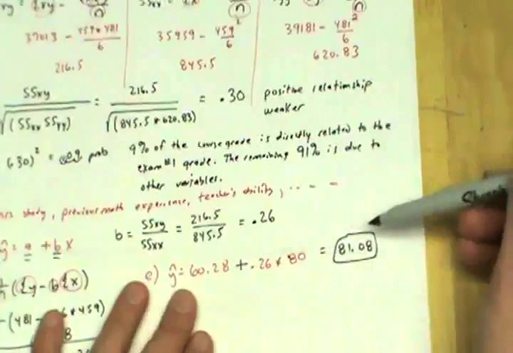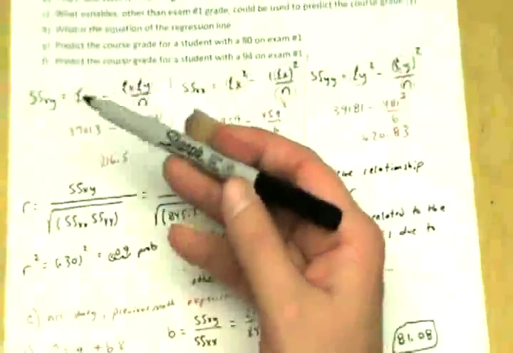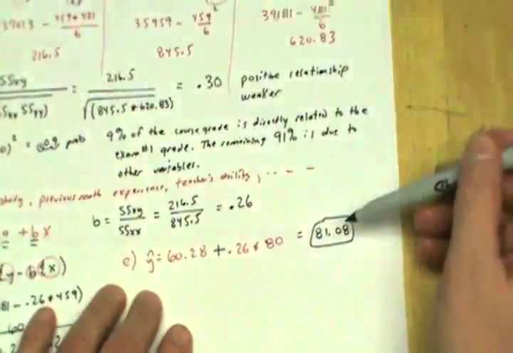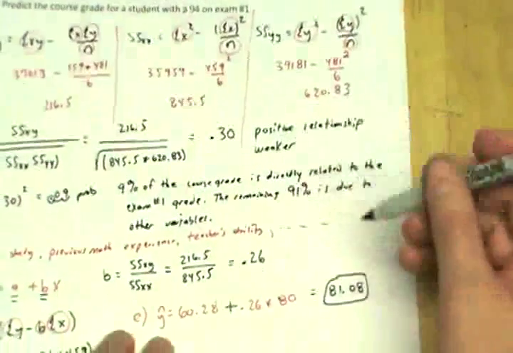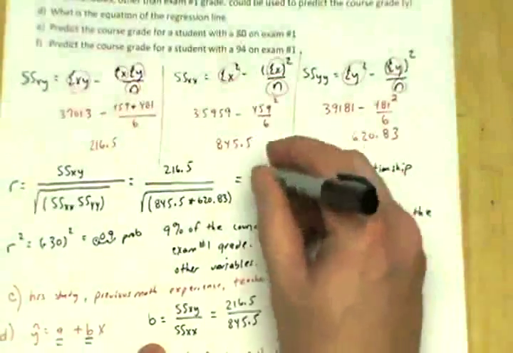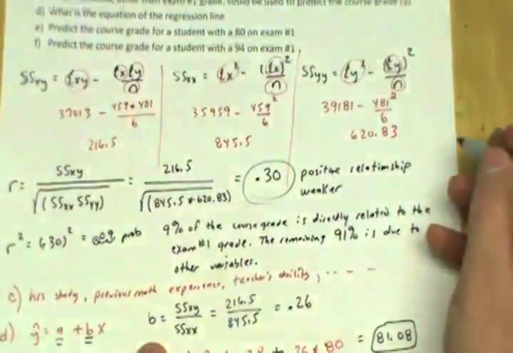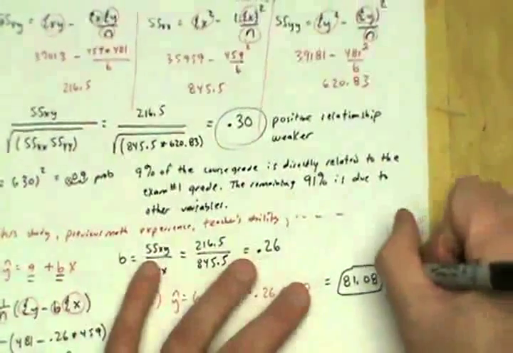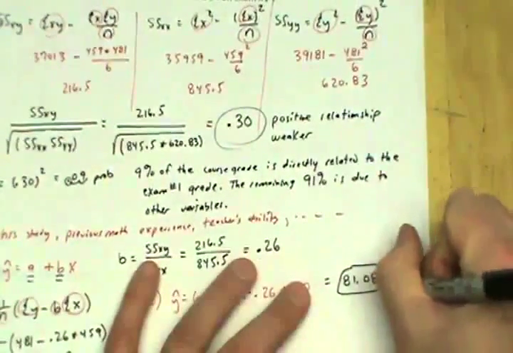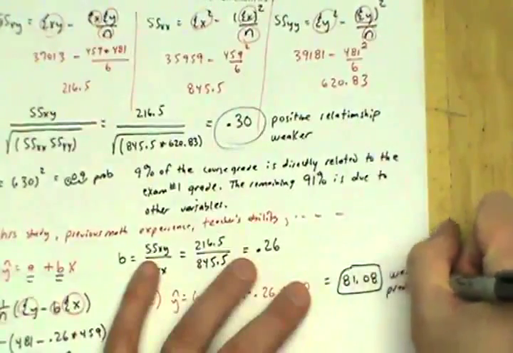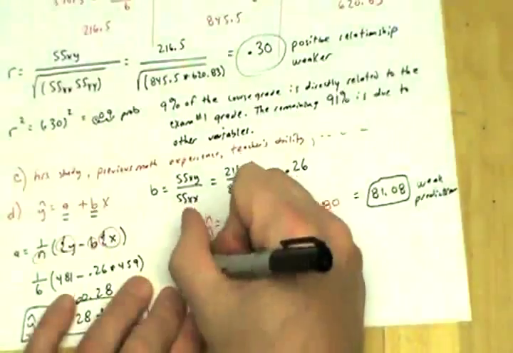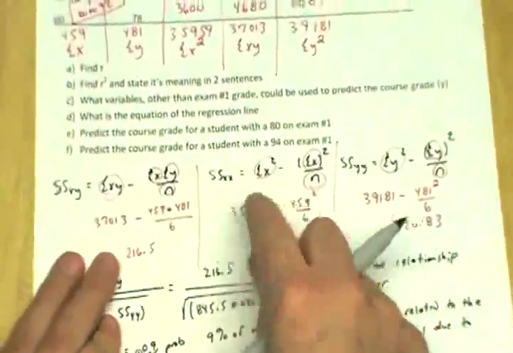You could say, well, I predict based on previous experience that according to my linear equation, you should get an 81.08. But remember, attached to that is a weak relationship for this equation. So that means this is a very weak prediction. Not a very solid prediction. So you can tell somebody that, but it doesn't really mean much.